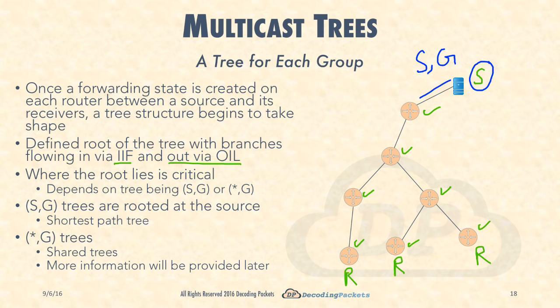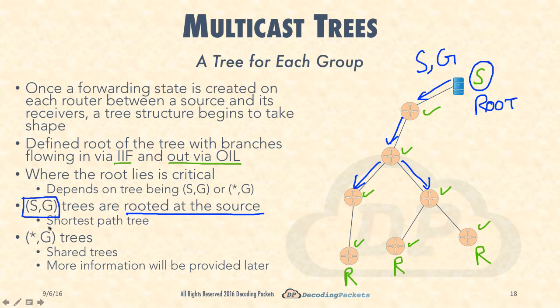And once they originate at the source, they travel down this tree and forward and away from the source right down to the receivers. So this then becomes the root of the tree. So what have we learned here? We have learned that for shortest path trees with known sources, so really S comma G trees, they are rooted at the source itself.